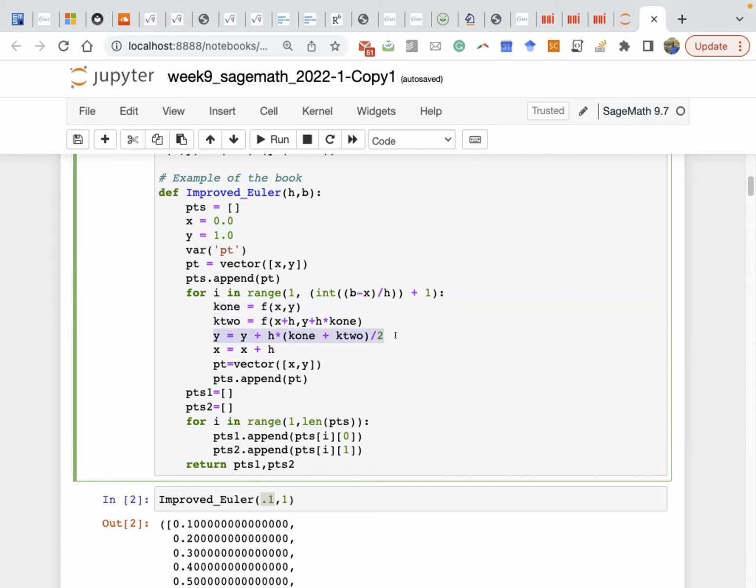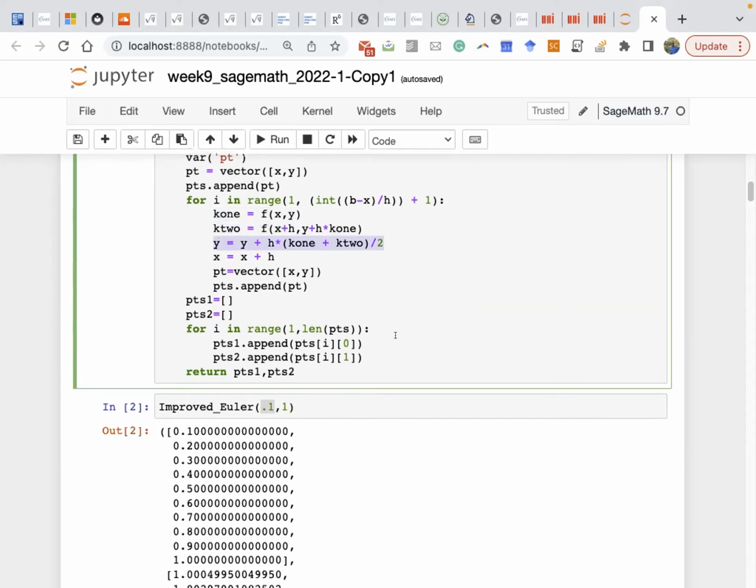It's not long. So we don't write y_(n+1) here, just y_n, so it will be updated. It will update by itself. x is also updated. So the new point will be x plus h, and the new y will come here, and this vector will go to this.